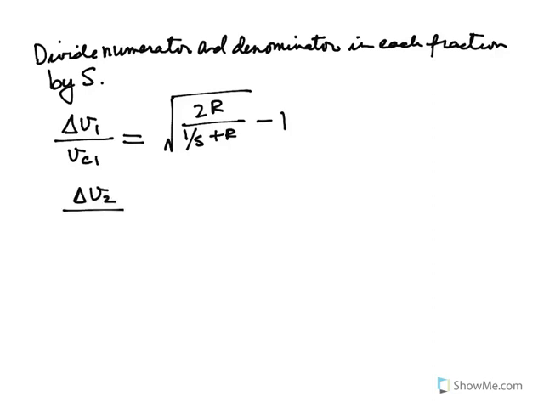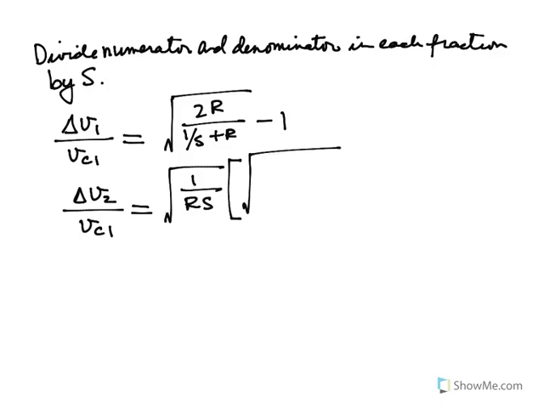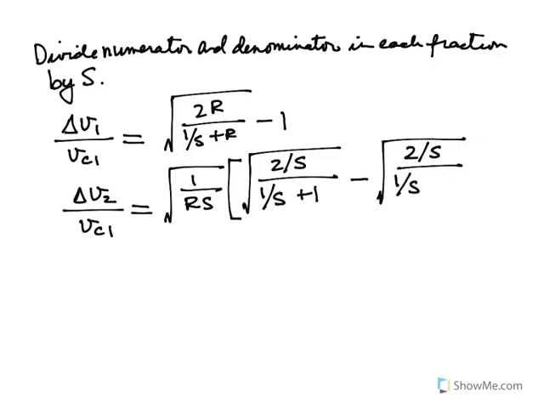Delta V2, again divided by VC1, is going to equal the square root of 1 over rs times the square root of 2 over s all divided by 1 over s plus 1, minus the square root of 2 over s all divided by 1 over s plus r.